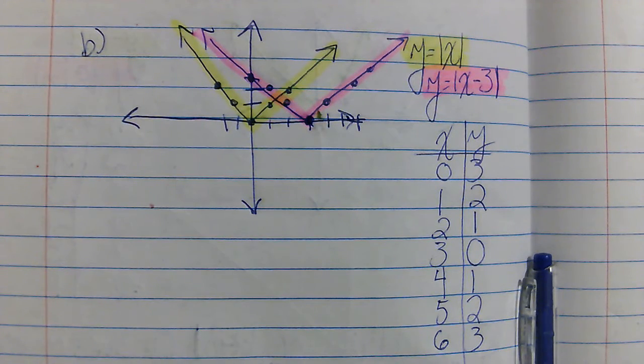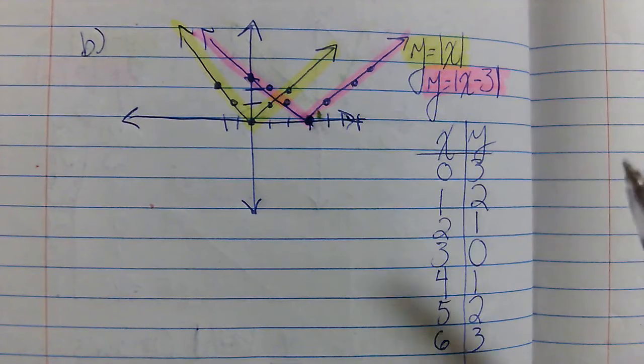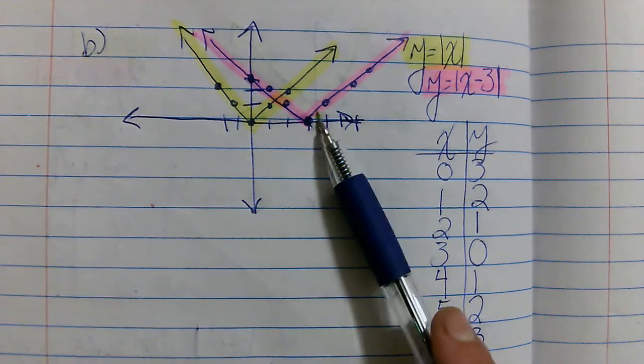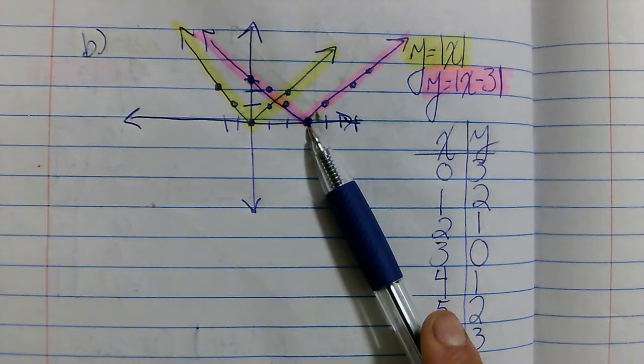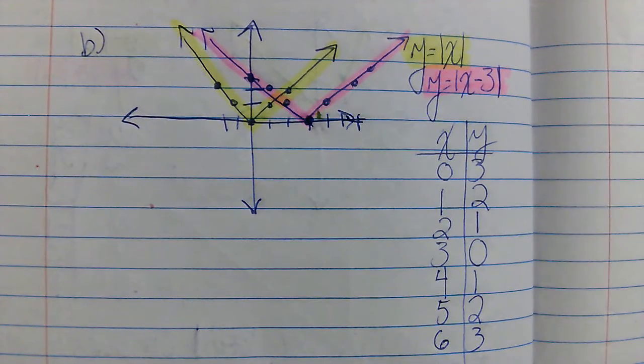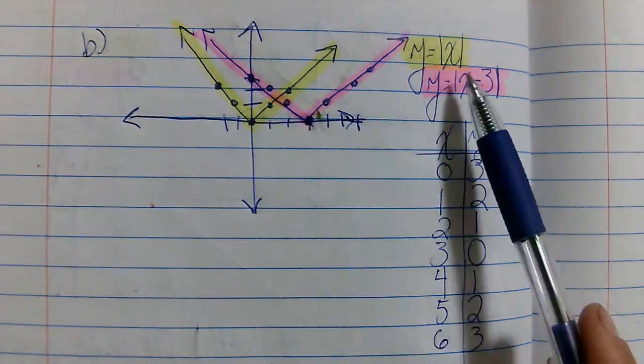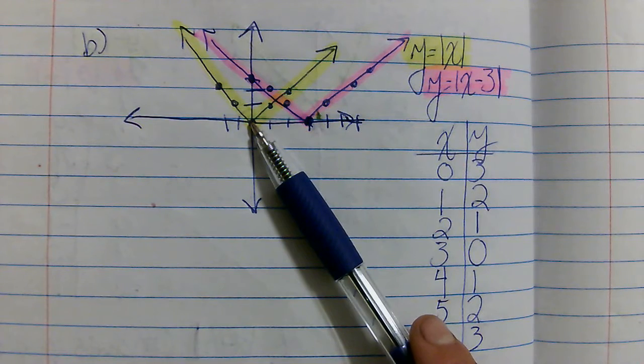Alright, so as you can see, when our H value is negative, it moves our vertex over to the right. Again, it seems counterintuitive, but the way I think of it is we have to move back 3 in order to get to 0.